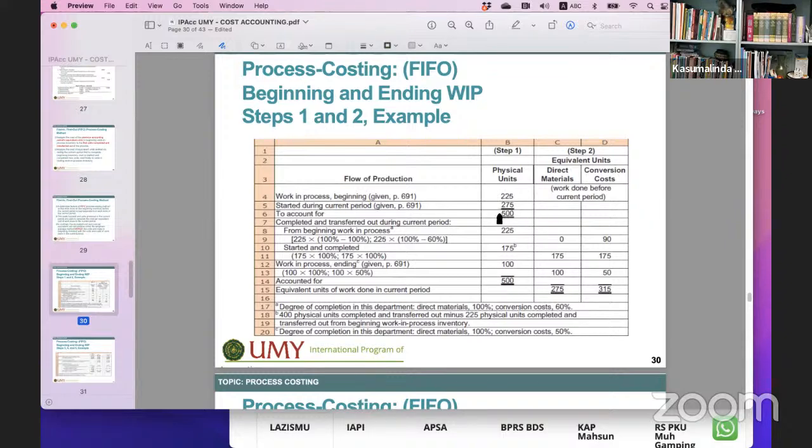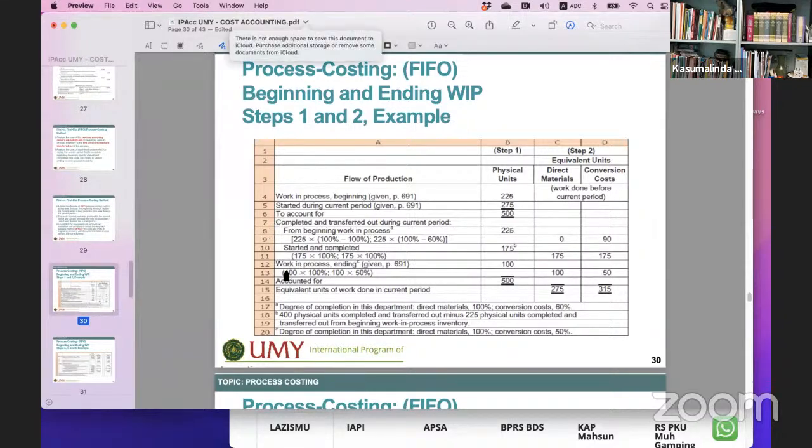We got 500 units to account for, and we should know that the units accounted for is also 500. But if you see here, it still has two items: at the end, it becomes completed, or it becomes not completed, where it stays as ending work in process.